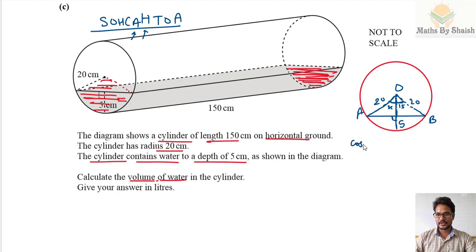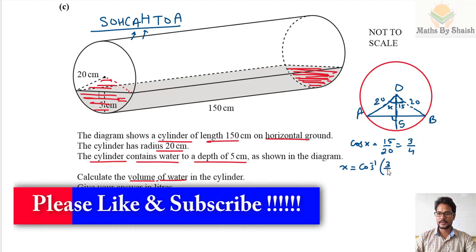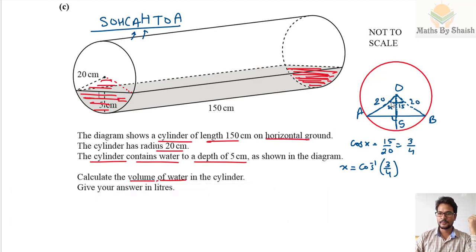We'll take cos x as 15 over 20, that is 5 3s are 15, 5 4s are 20, and hence x becomes cos inverse of 3 by 4. We will get this angle as cos inverse 3 by 4, and hence the total angle becomes twice of it because these two are congruent.